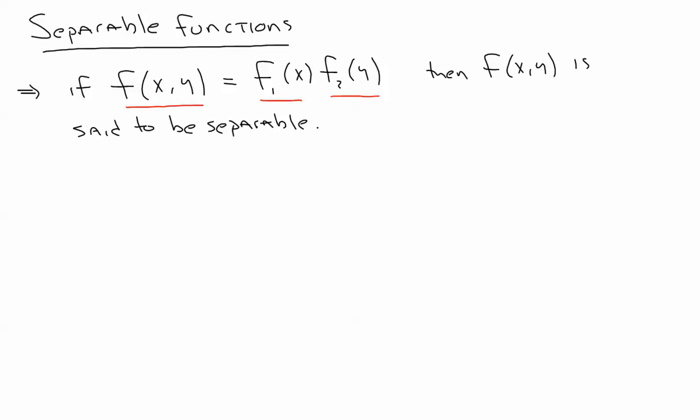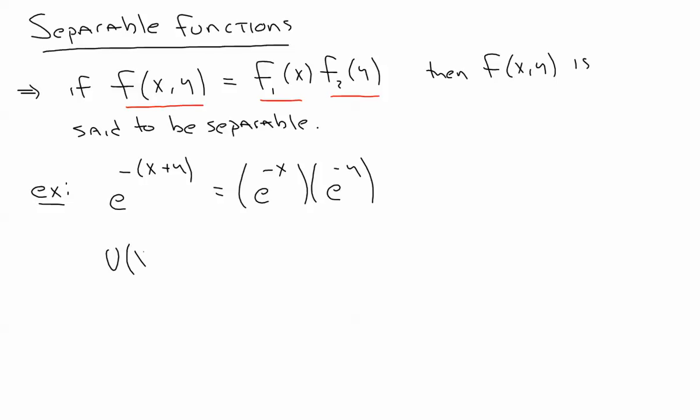An example of a separable function: e to the minus (x plus y). Well, that can be written as e to the minus x times e to the minus y. That's separable. Turns out step functions are also separable. Step function x, y can be written as the product of a step function in x times a step function in y.